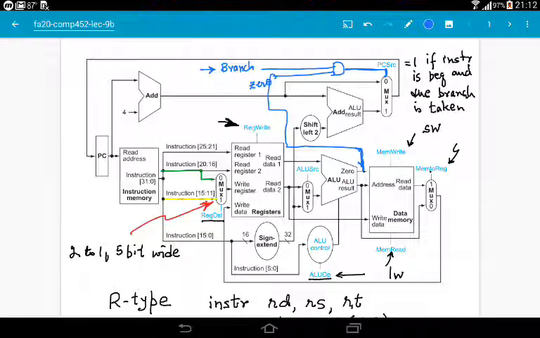It means that the branch is taken, and we pass this value into the program counter so that execution can begin from there.